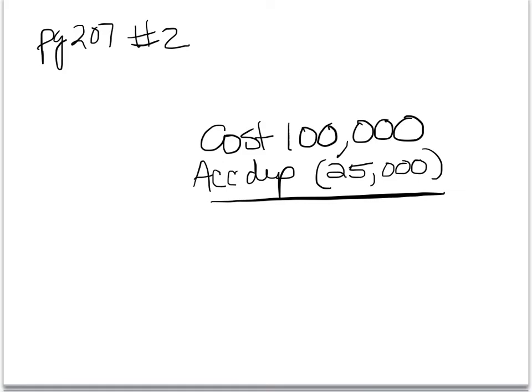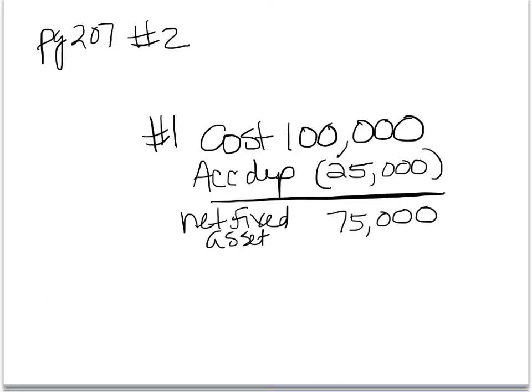Show two ways in which the property and equipment could be reported on the Puppy Emporium's balance sheet. One way is the way that I've set up here, which would be net fixed assets or net equipment for $75,000.